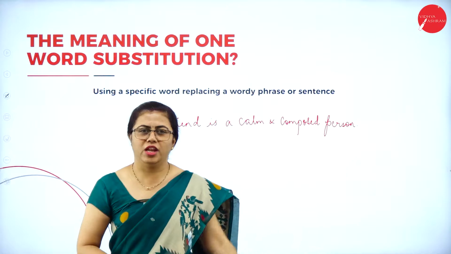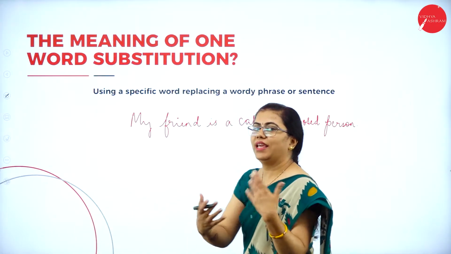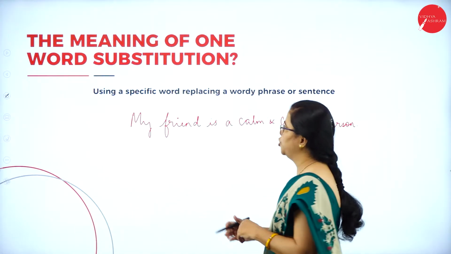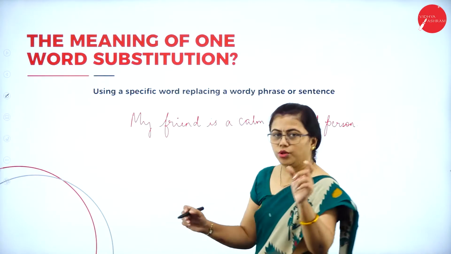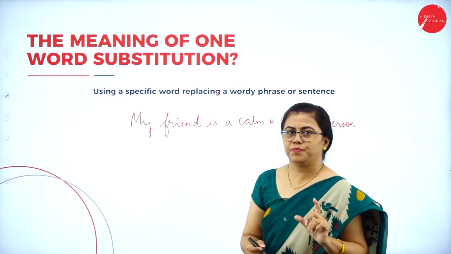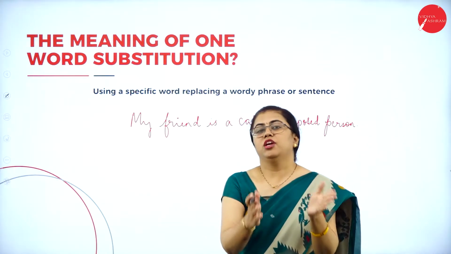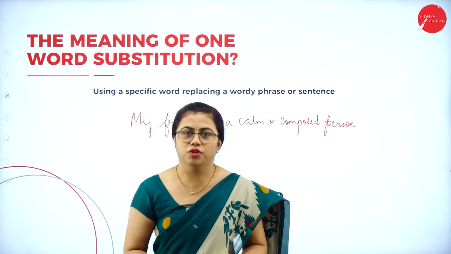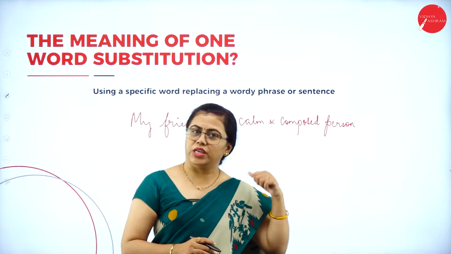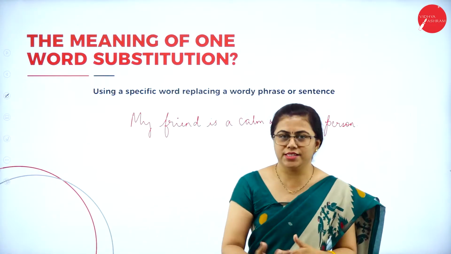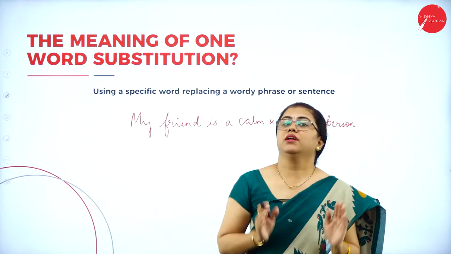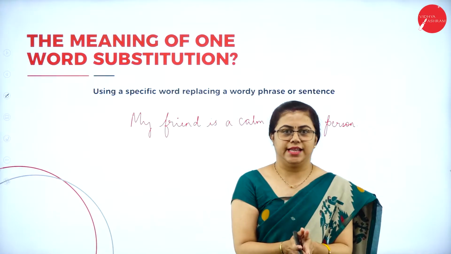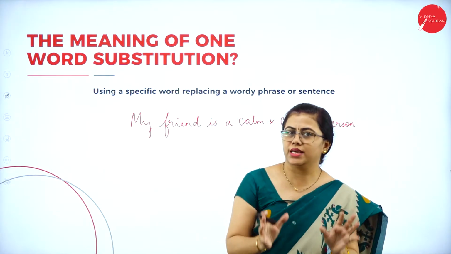You feel it's very long, so you feel like replacing a few words here. So you replace a phrase here. A phrase is a group of words which does not have a complete meaning and does not have a verb in it. That is called a phrase. So in this sentence also, you're going to replace a phrase and make it a meaningful, precise sentence, very crisp.